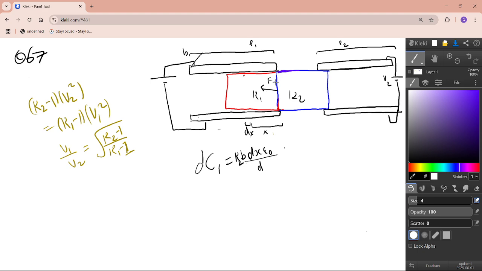So of course, F here and F here, and of course we have B dx epsilon naught by d. For K2, I think I'll get the opposite answer, K1 minus 1 upon K2 minus 1. Let's see. B dx epsilon naught, that's just my intuition. K2 minus 1, dC1, and if you put that into the formula once again, this is the external force.